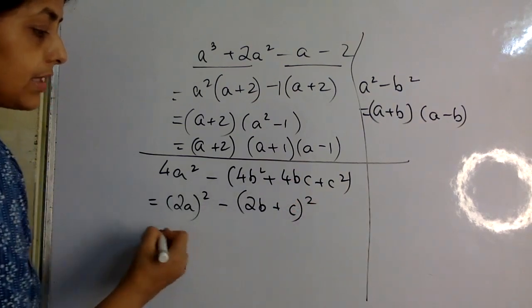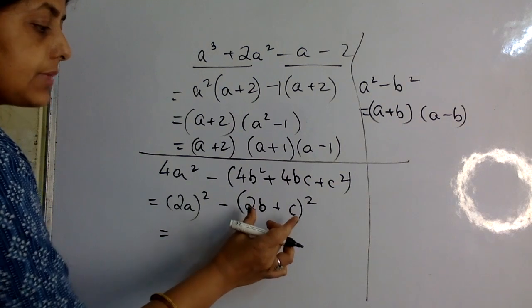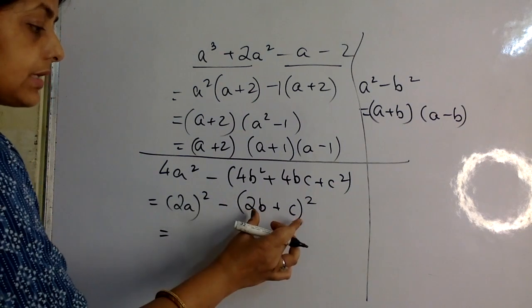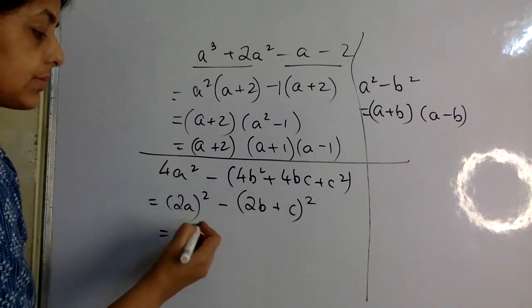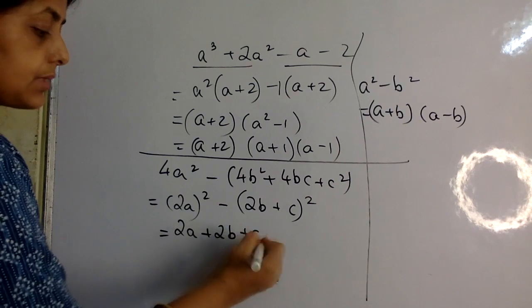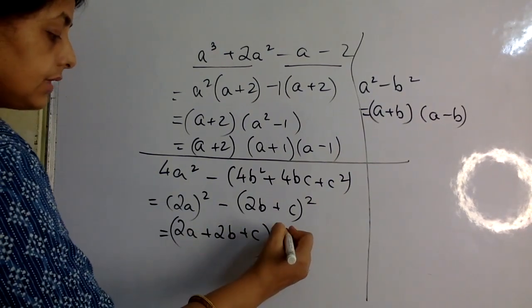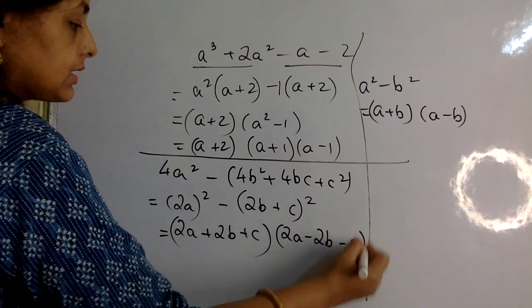So I have written this whole bracket in the a plus b whole square form. Now once I have written it in that form, I can see that a difference of squares has been created. So 2a plus 2b plus c in one bracket, and in another bracket, 2a minus 2b minus c.